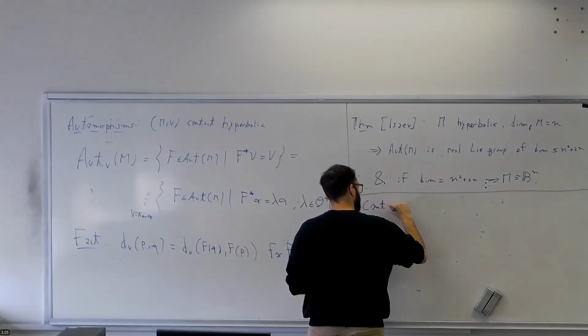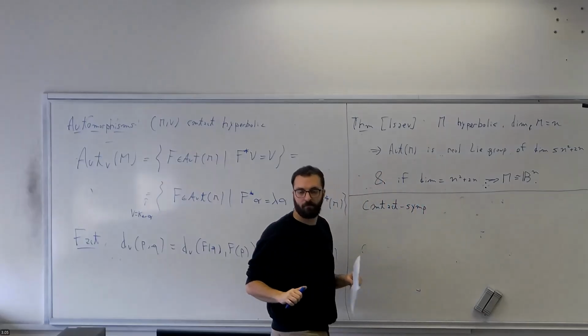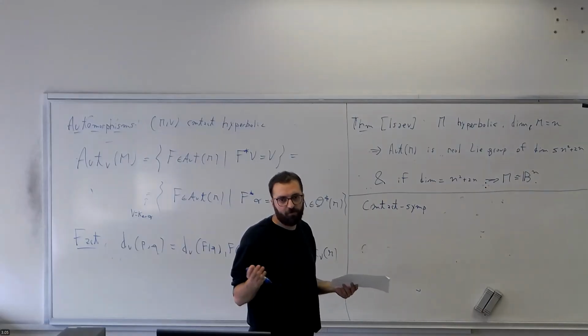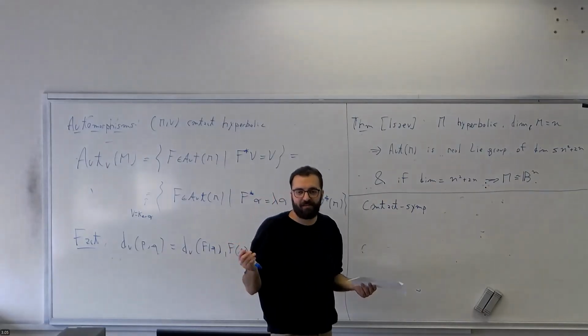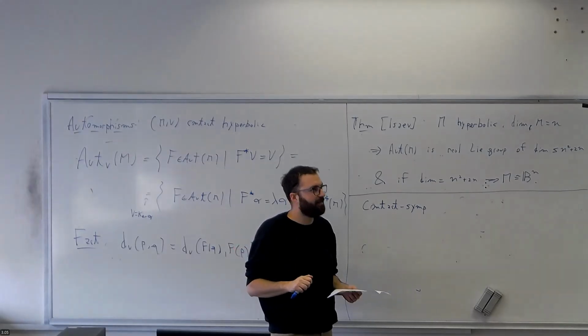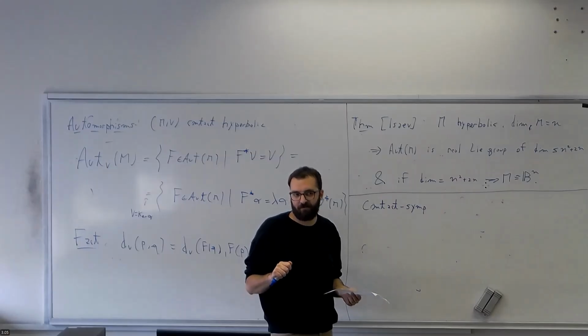Is there a theorem saying that a generic manifold of this kind has no automorphisms? Not that I know. I mean, if you take most, you can think of anything, this would be just the identity, right? But then for generic, you need to put some kind of topology on the space of all manifolds. Yeah, sure.